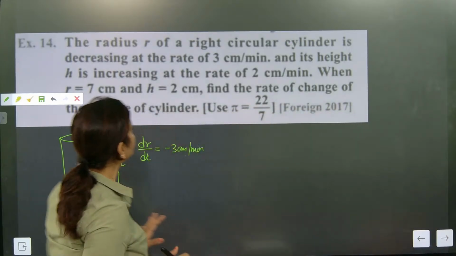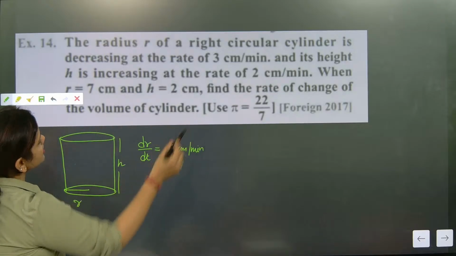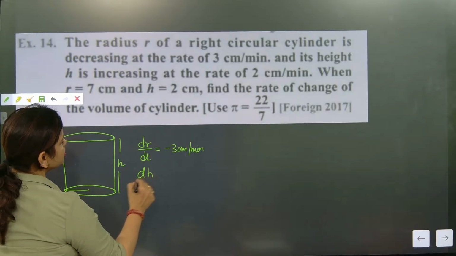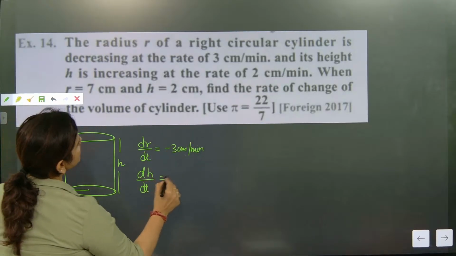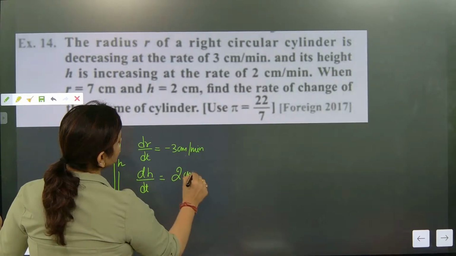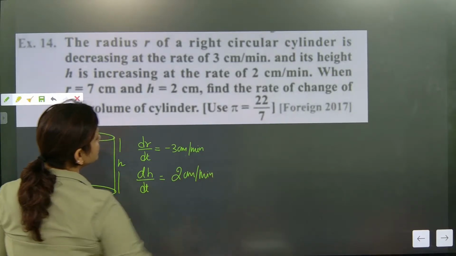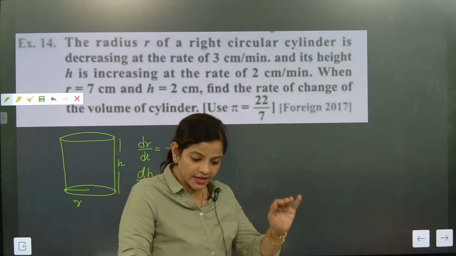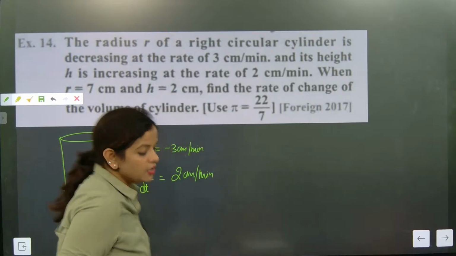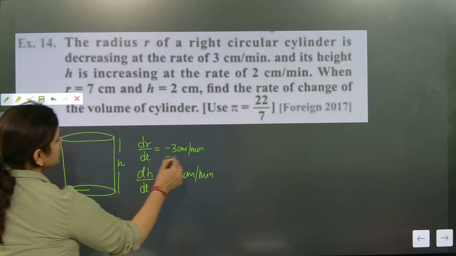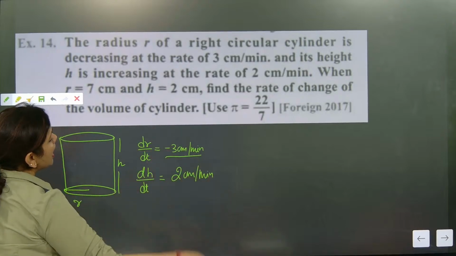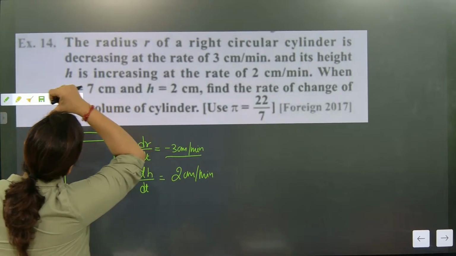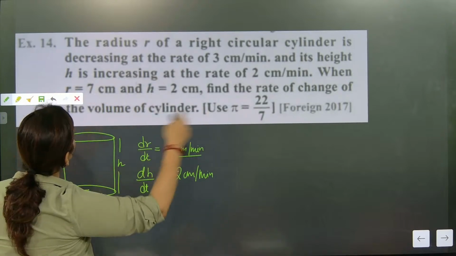Understood? Now what next they have given: height is increasing. So dh by dt, height is increasing with 2 centimeter per minute. One is decreasing, one is increasing. Radius part we have written minus 3 centimeter because it is decreasing. When the radius is 7 and height is 2, find the rate of change of volume.